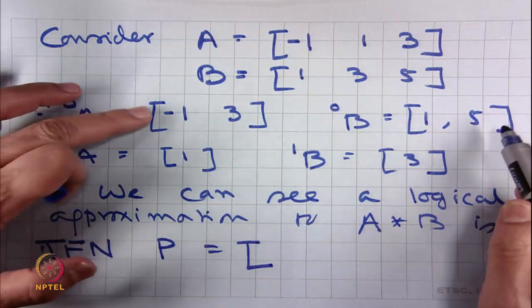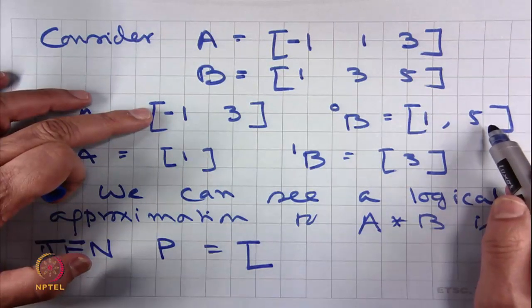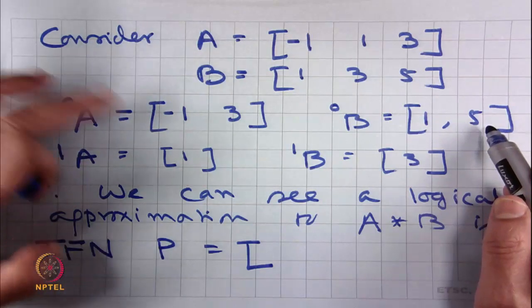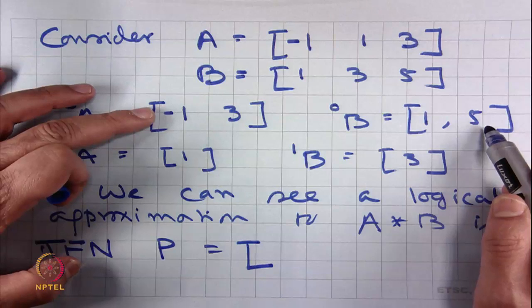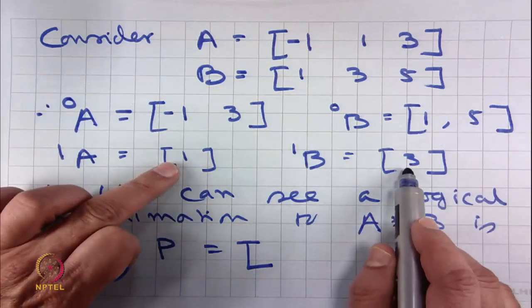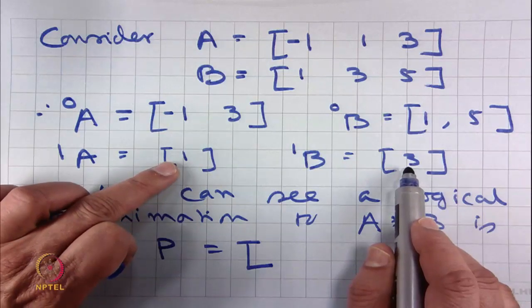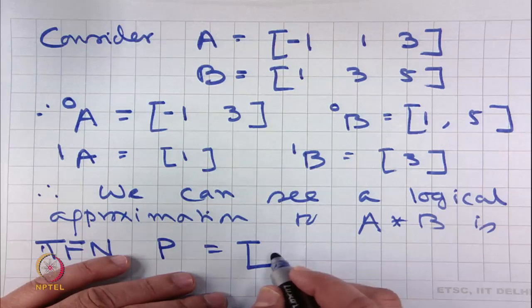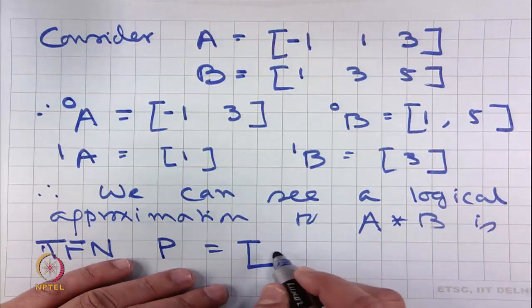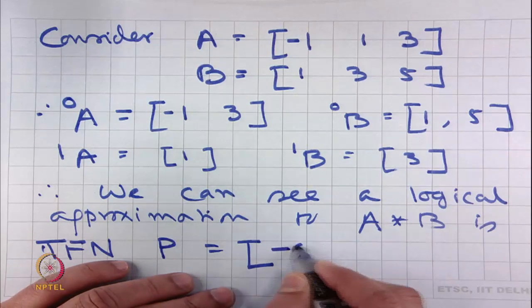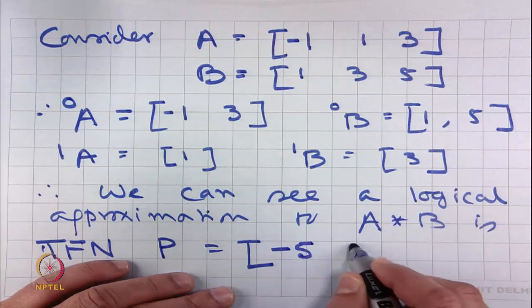Now, if we look at this, we can see that the support of A star B is from minus 5 to 15, and from these two we can get the modal point is 3. So, together we can see the logical approximation for P is minus 5, 3, 15.